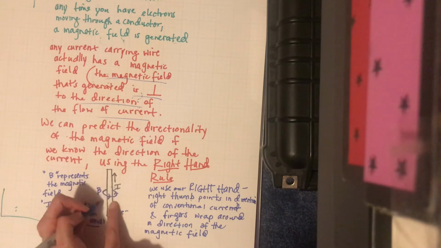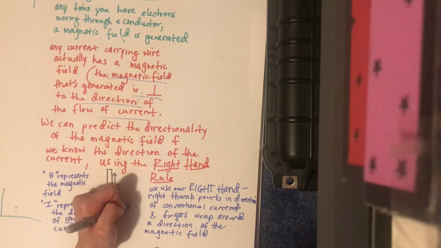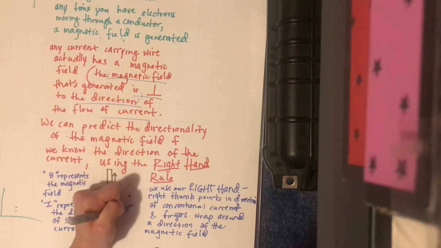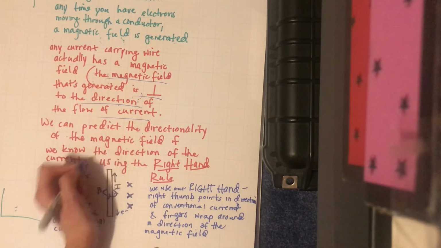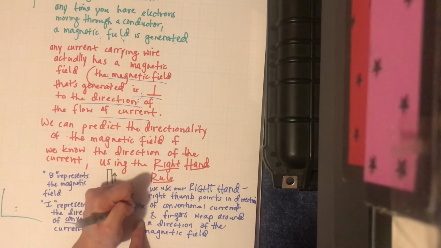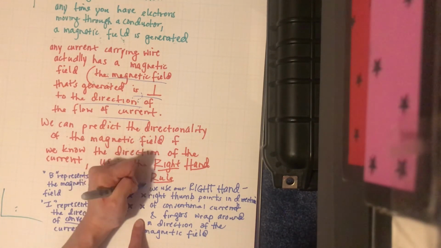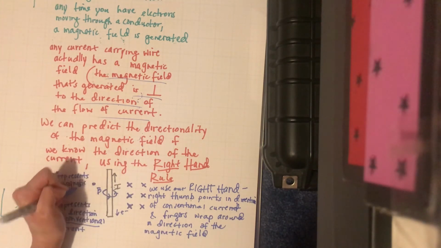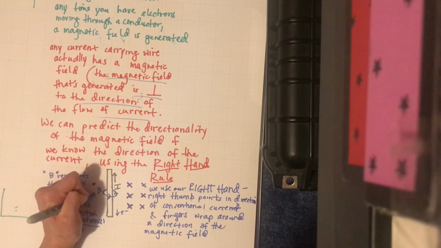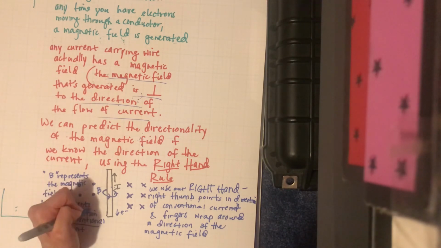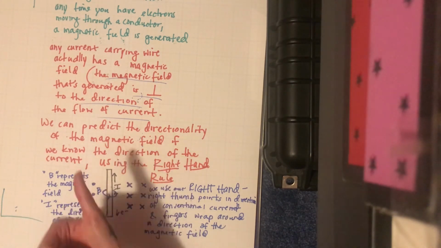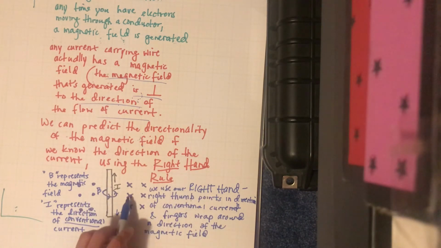So we would represent that magnetic field as having X's on this side, X's mean into the page, and dots on this side, which means coming out of the page. So this is showing us the direction of that magnetic field.